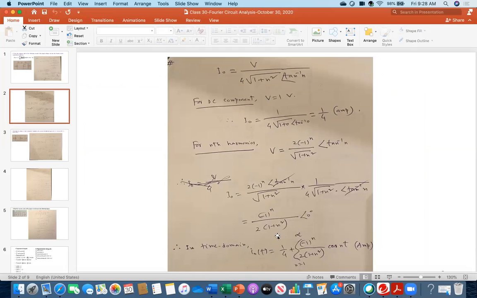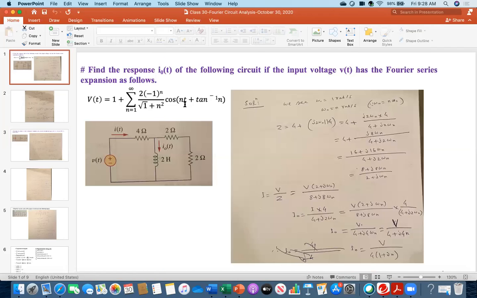And then this thing is expressed in cosine, because you are going back from the phasor form to the time domain form. For example, if you got Vm angle 0 degrees, how do you write that? The magnitude times cosine of omega t plus 0. So in this case, just cosine of nt. Why did I write nt? Because by looking at this one, this was my omega, nt.